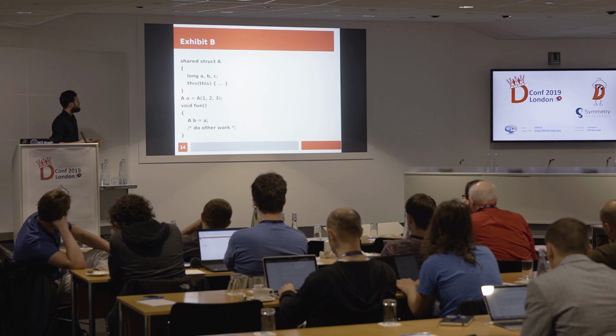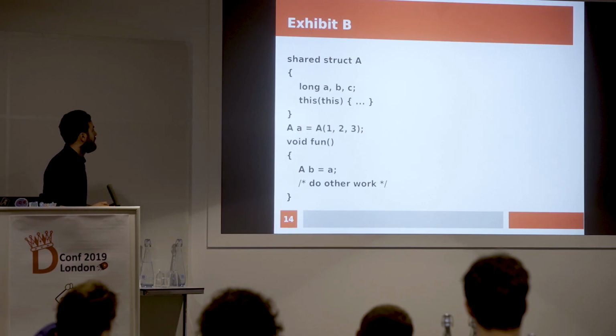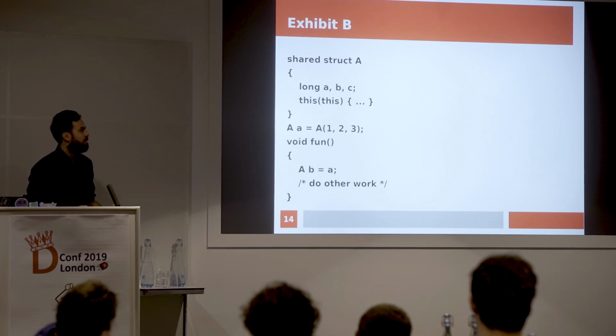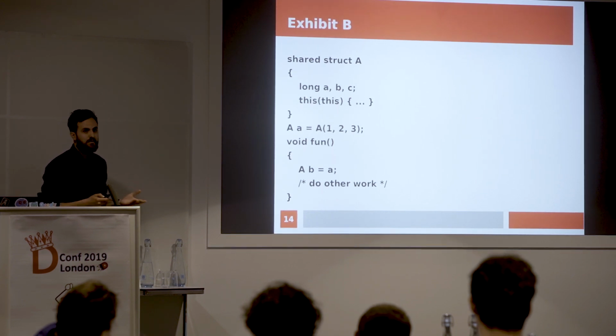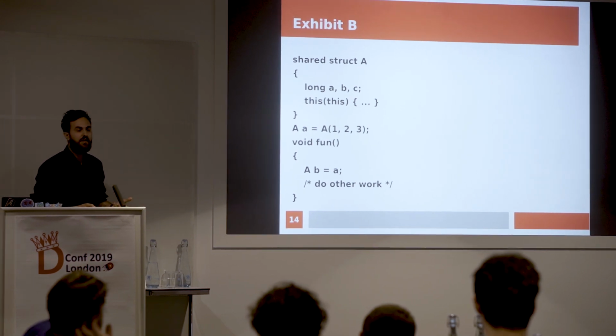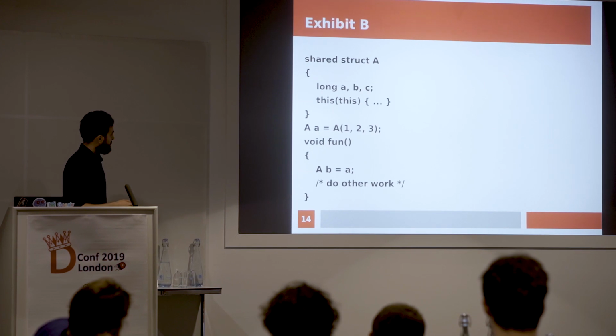But if you're not convinced, I want to show you another example. I know that shared is incompletely specified and implemented, but I think we still need to take into account that currently a lot of people are still using shared for structures and in their libraries. So in this example, I have a shared structure.